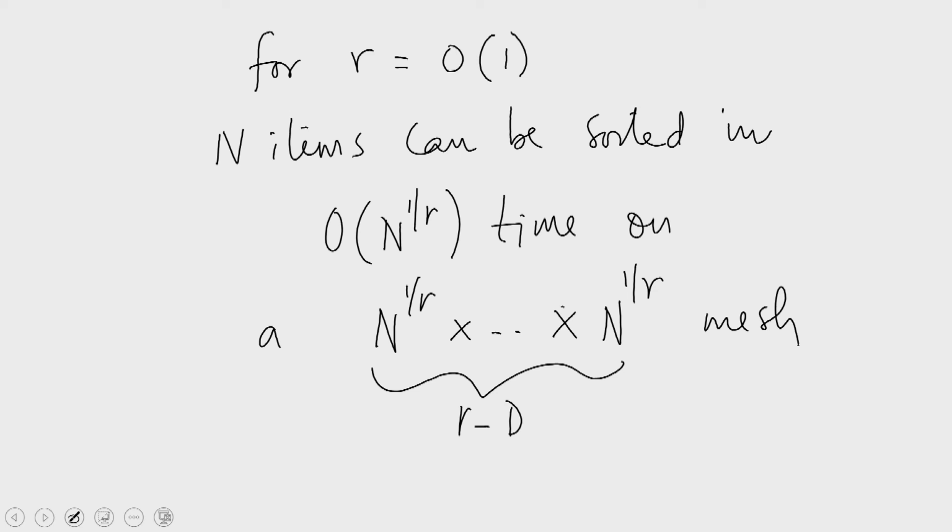On an n power 1 by r sided r-dimensional mesh, n items can be sorted in order of n power 1 by r time, which is a generalization of the result we have seen just now for constant r. Of course, the result will not work when r is not a constant. So that is a result for sorting on multidimensional meshes.